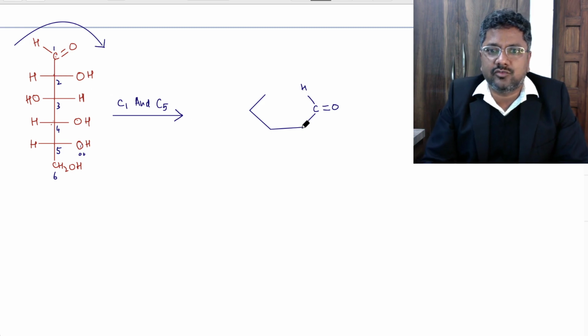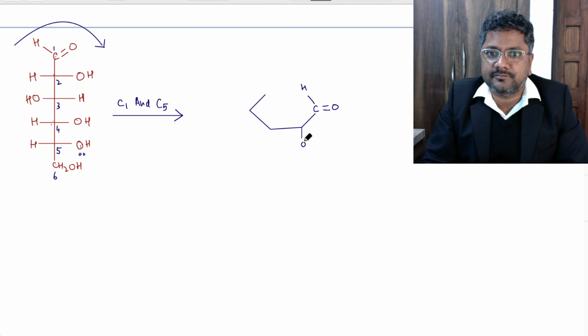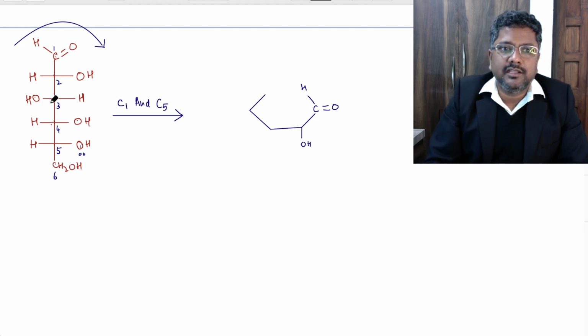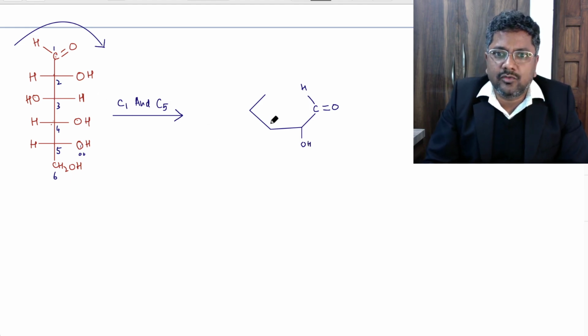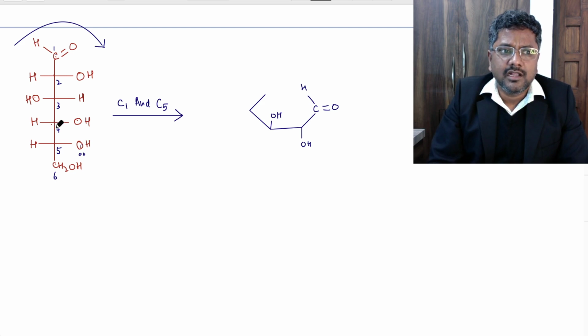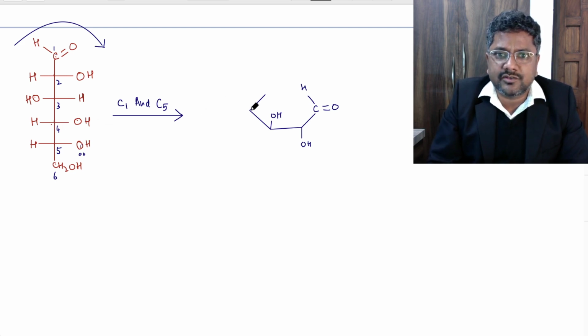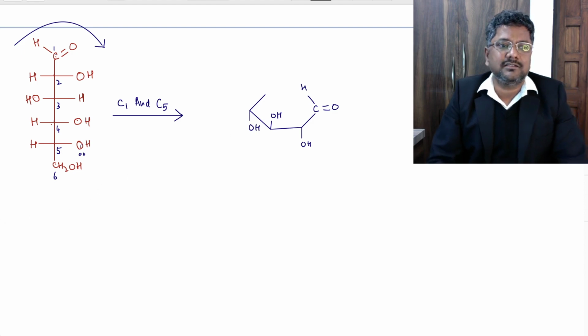Now in this flat structure, carbon number 2, OH will go down. Then carbon number 3, OH will go up like this. I am not showing H here. Number 4, OH is going down. Right?